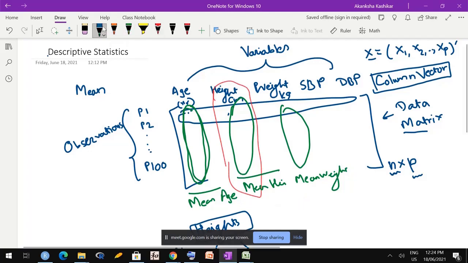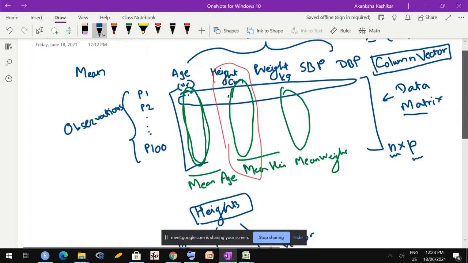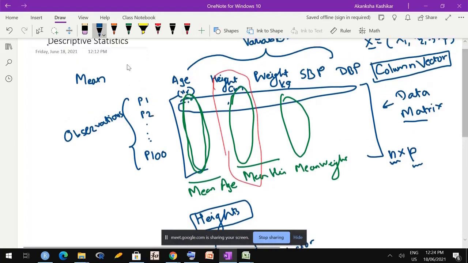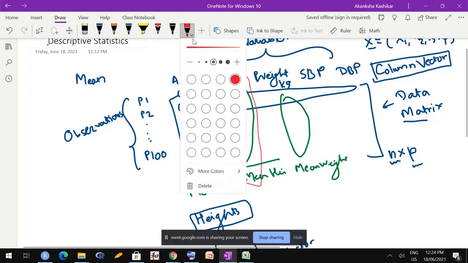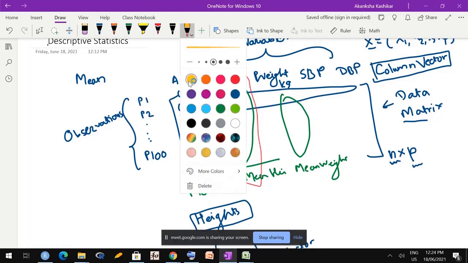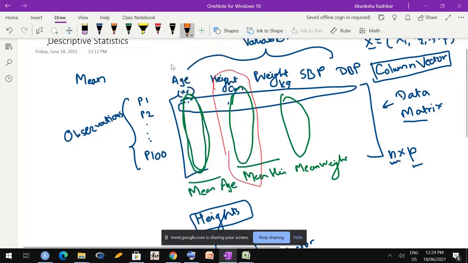So when I want to write it as mean of the entire data, I will have to represent it as a vector again. Okay. So if I introduce the notations, if I now start calling this as say x1. So age is x1, height is x2, weight is denoted by x3, this is x4, x5.